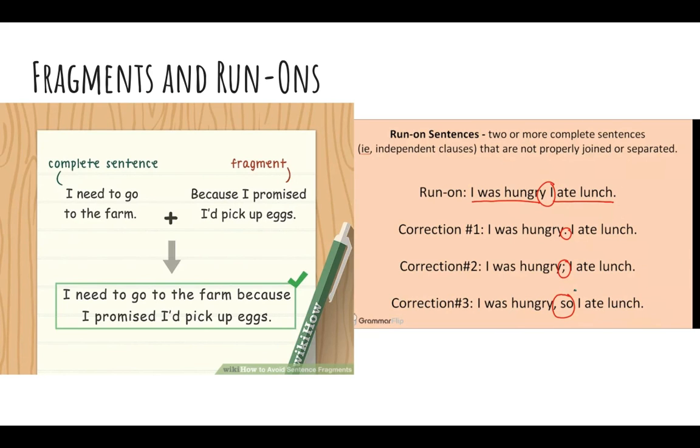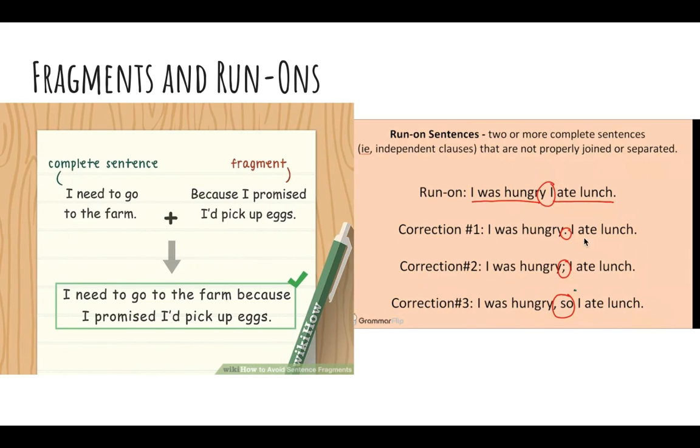And then a run-on sentence is two or more complete sentences or independent clauses that are not properly joined or separated. I was hungry, I ate lunch. Does that make sense? I was hungry, I ate lunch. No, you've got to put something in there to make it make sense. So you can either use a conjunction or you can use punctuation like a period or a semicolon.